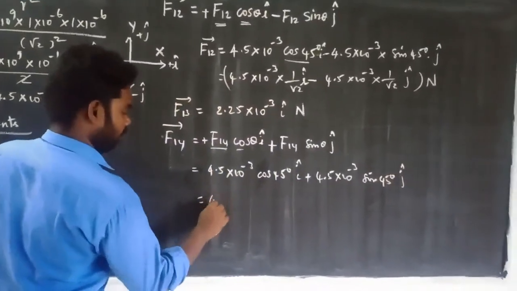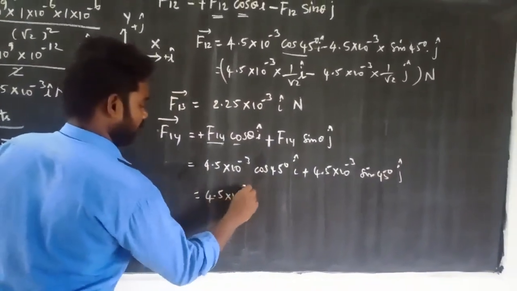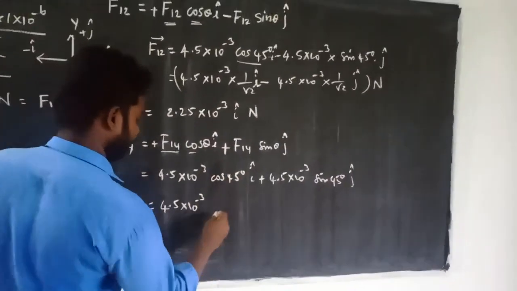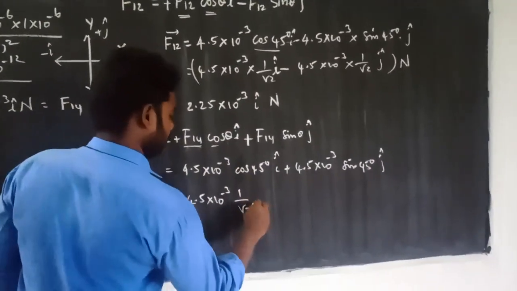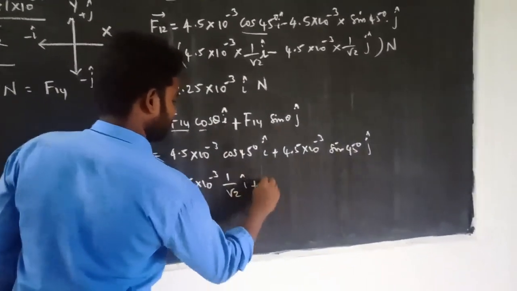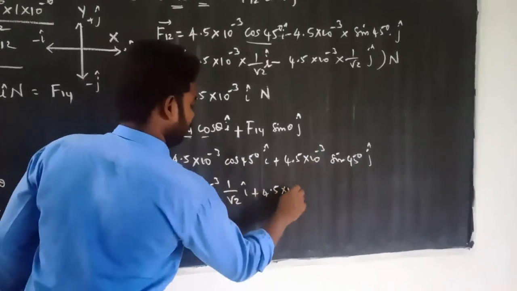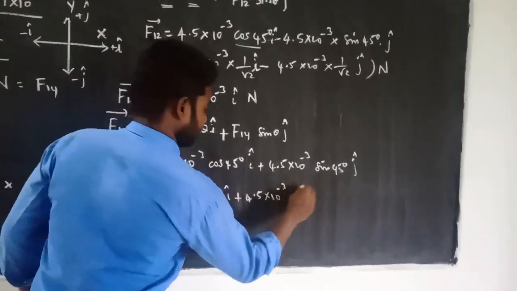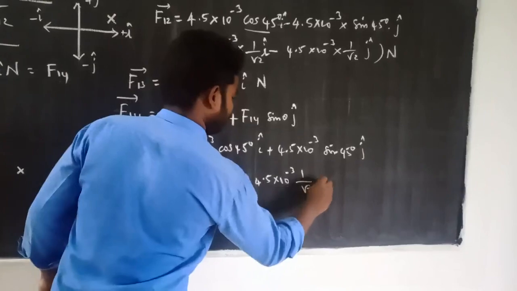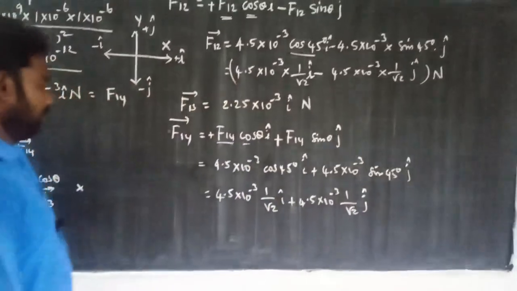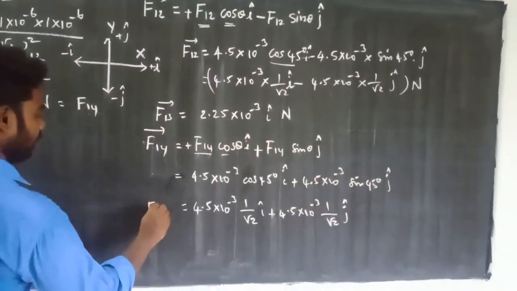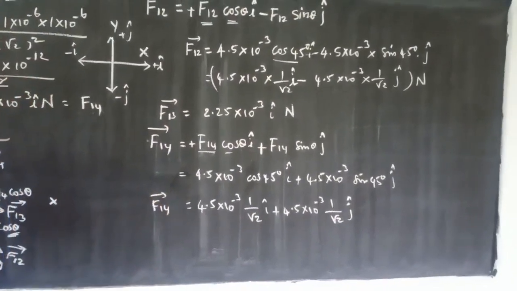So 4.5 into 10 to the power minus 3, the value of cos 45 is 1 by root 2 i cap plus 4.5 into 10 to the power minus 3, sin 45 value is 1 by root 2 j cap. So this is the value of F14 vector.